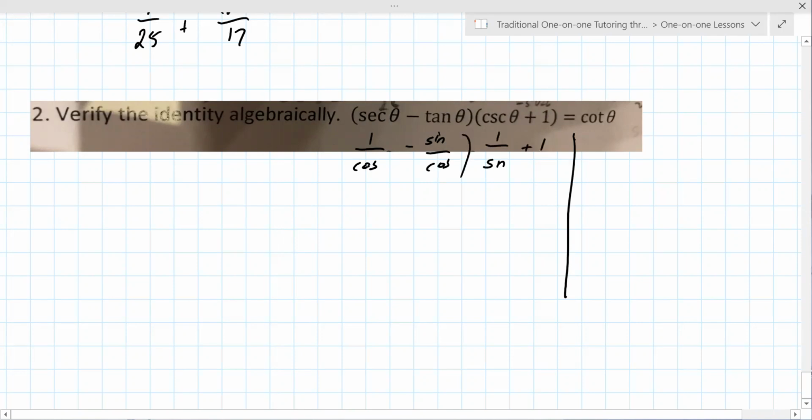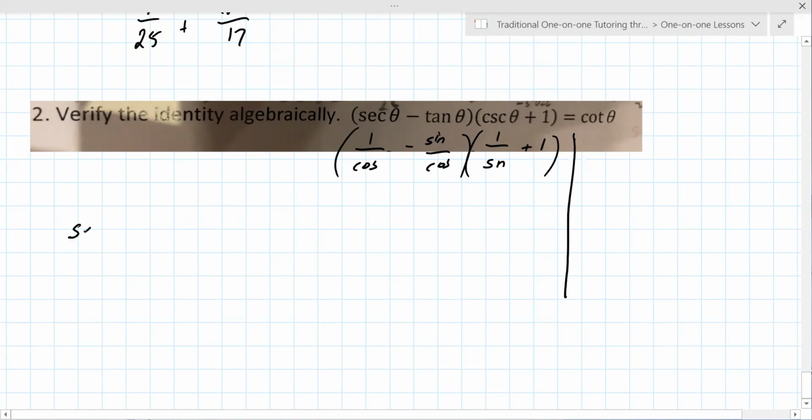So nothing really stands out to me here. I would tell you to foil, I guess, because you would get 1 minus sine on top, and then over here, you're going to get 1 plus sine on top. But let me just try secant times cosecant. Does that give us anything?